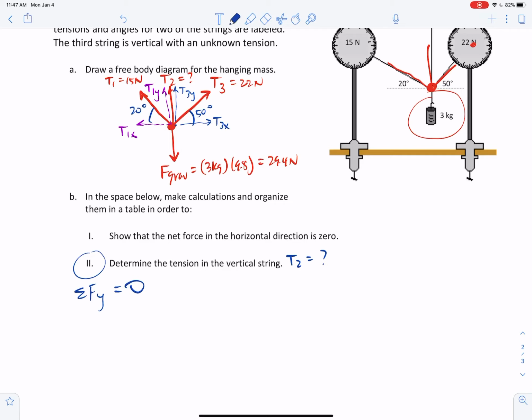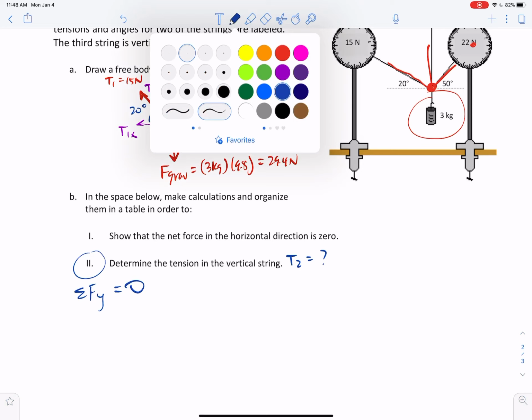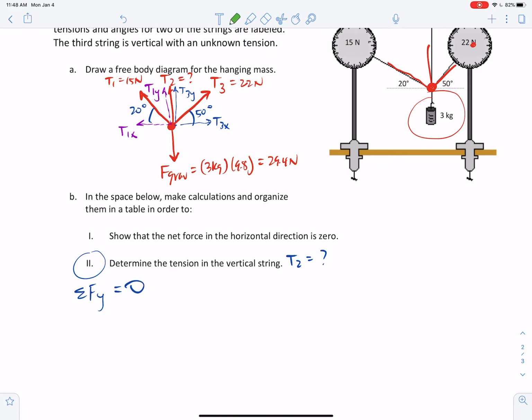Let's come up with an expression for summing the forces in the y direction. First, let's look at my picture. T1 has a vertical component, so I will include T1. T2 is 100% vertical, so I will include T2. T3 has a vertical component, so I will include it as well. And the force of gravity has a vertical component.